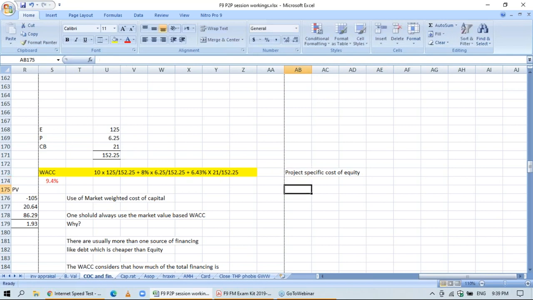For project specific cost of equity, we need a proxy company. Suppose you are in a textile industry and you are starting a project in an automobile industry. So find a company in the automobile industry and get their beta. We will get their beta first. We need a proxy company beta.